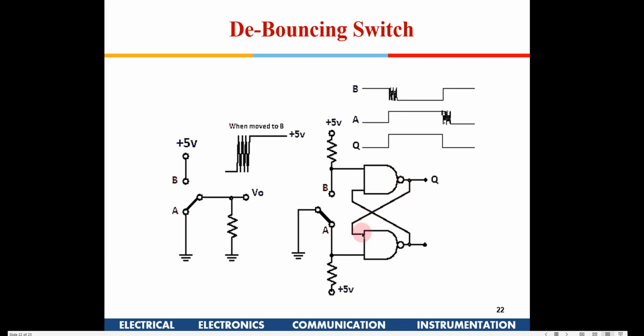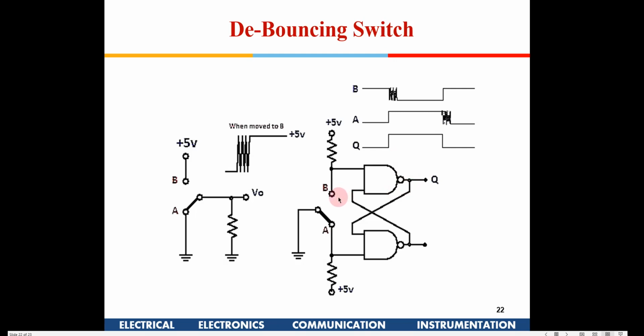So I have 1 coming here, and now this switch is thrown from here, so you have 1 here. So this 1 will become 0 here, and this 0 is available out here, so this 0 will make this 1 here. Now this switch is going to position B, it is going to bounce back from there, again going to touch back B, but that bouncing will not affect the output.